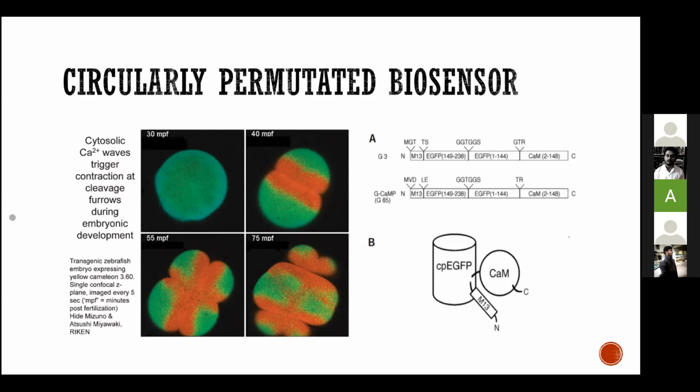So that means this biosensor is only active at the furrow, and your calcium ions are only coming when the furrow cleavage is happening.